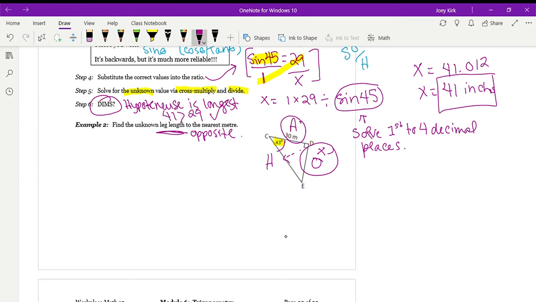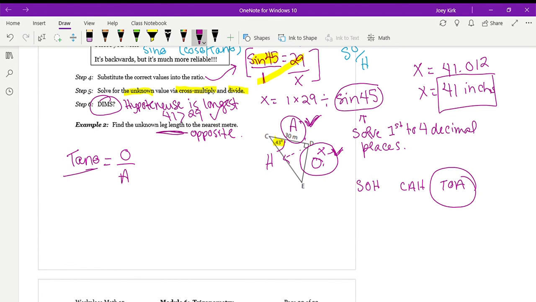So we've circled the one that we want, and we've circled what we have, that's 30, and then we need to pick from SOH, CAH, or TOA, which one to use. Now I've got A and I've got O. So we're going to use TOA, which means that we're using O over A, and that is tan of theta. And we're going to put that over 1. Now we're going to substitute in our values.